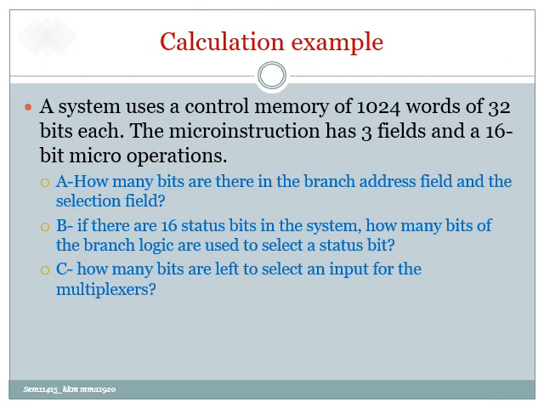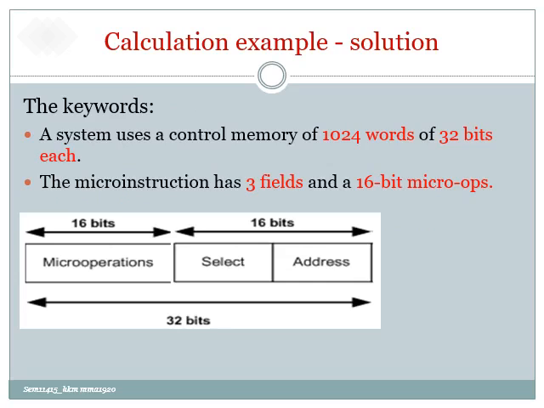We're going to do one calculation example. The question is: a system uses a control memory of 1024 words, and each word is 32 bits. The micro instruction has 3 fields and a 16-bit micro operation. And these are the questions. Let's extract the main information and try to make sense of it.